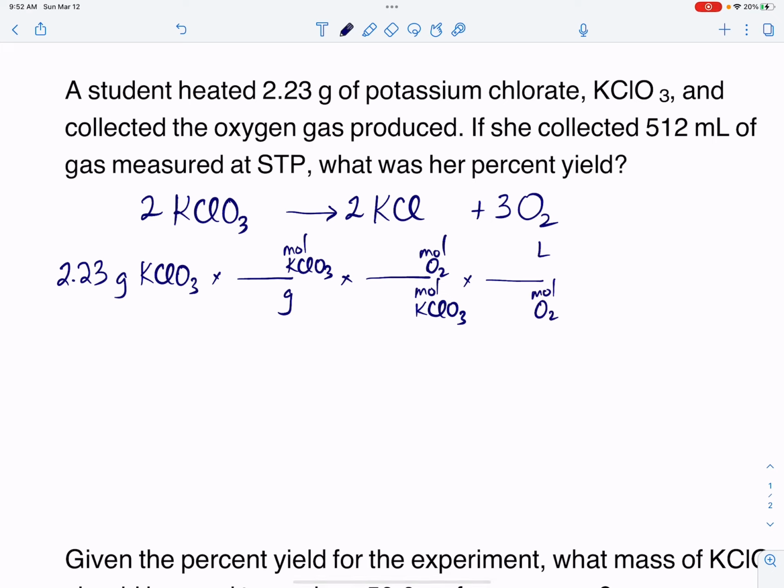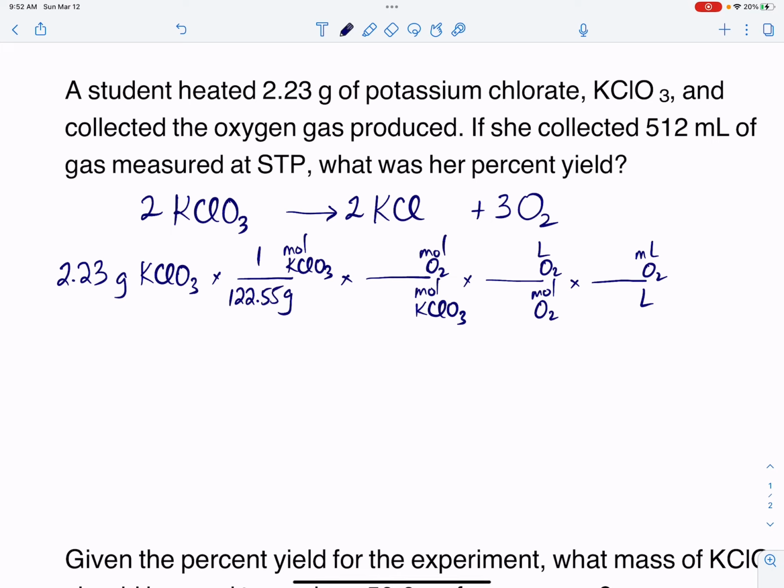So the first thing we need is a molar mass. So the molar mass of potassium, 39.1, chlorine, 35.45, and 3 oxygens. That guy's molar mass, potassium chlorate, is 122.55 grams.